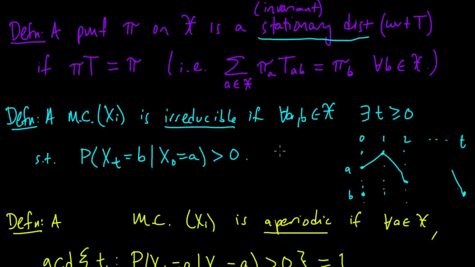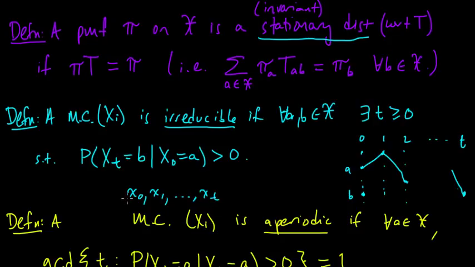So let's think about irreducibility. Irreducibility says that for any pair of states, if the states are A and B, there exists some time t for which we can be at state B with positive probability starting from state A. It's not hard to prove that this is positive if and only if there exists a path x0, x1, x2, and so on, up to xt, a sequence of states that has positive probability, in the sense that when you multiply together the sequence of transition probabilities, that product is positive.